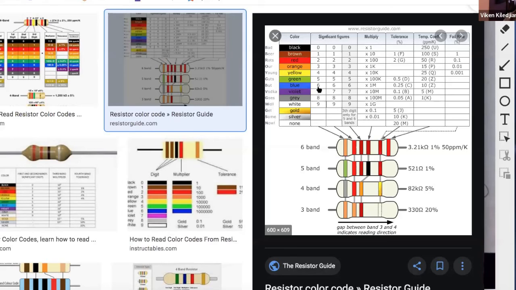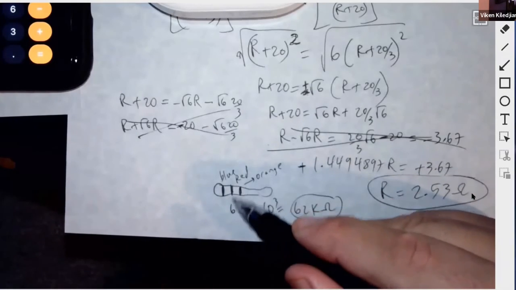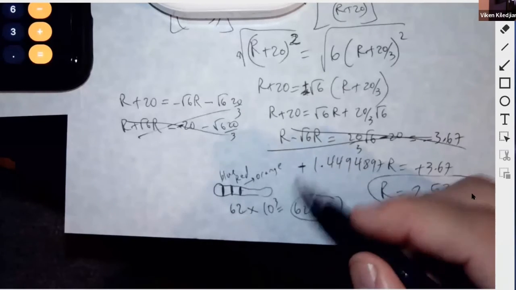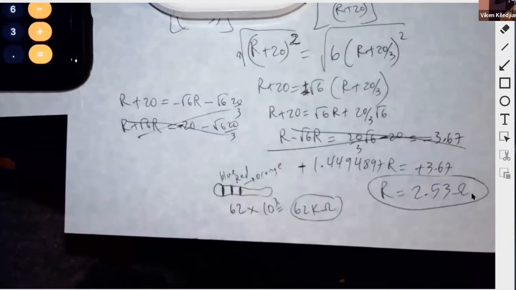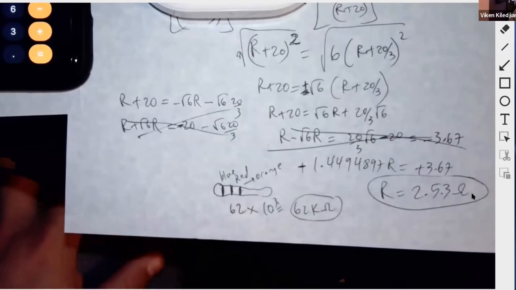Huge. 62 kilo ohms. So you just do it like this, right? Blue was 6, red was 2, and then this is the power of the 10, 10 to the third. So 62 times 10 to the third, 62 kilo ohms. So it's much bigger than what we calculated.